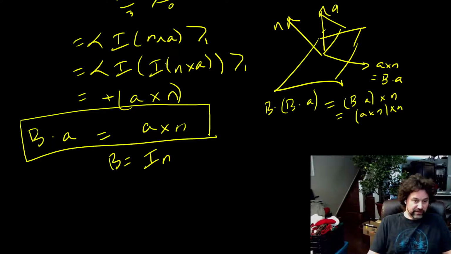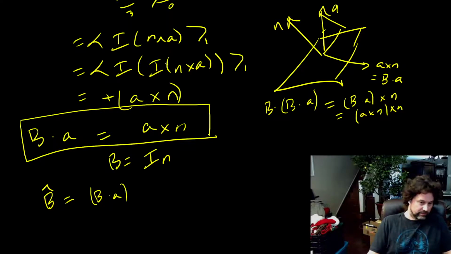So we can say that if we had a unit bivector b hat, it will be equal to b dot a, and let's suppose that E dot A is going to be proportional to, don't worry about signs, B dot A. So that's one way of factoring it.